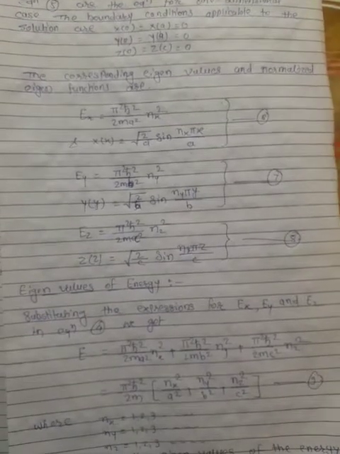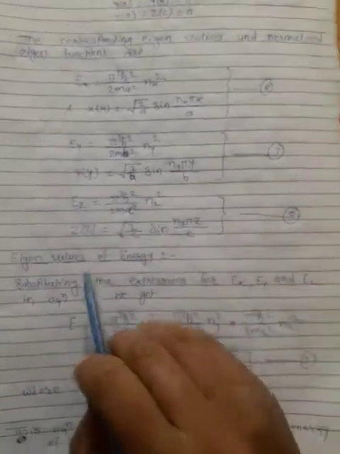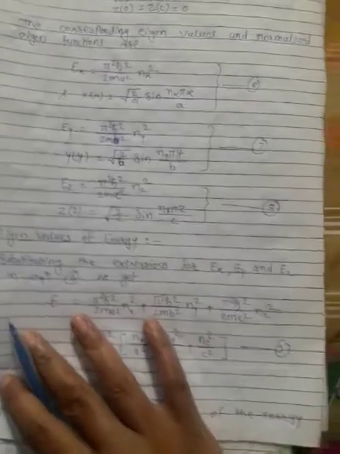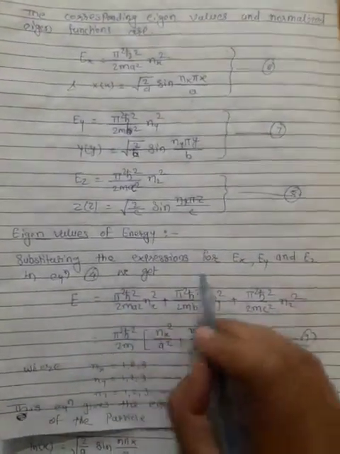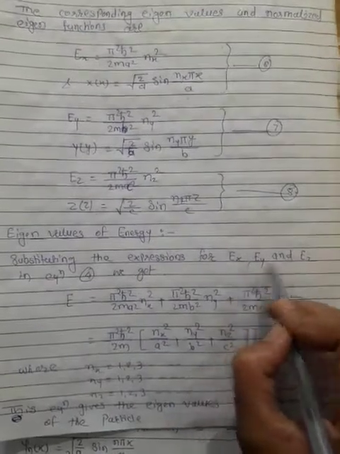Then for the eigenvalues of the energy, we know that the kinetic energy is resolved into the three components, Ex, Ey and Ez, and we take the sum of these three terms.